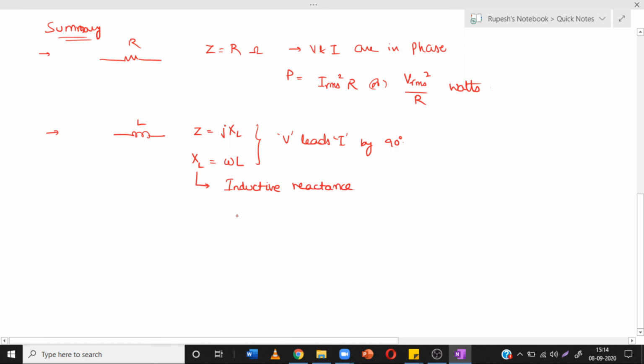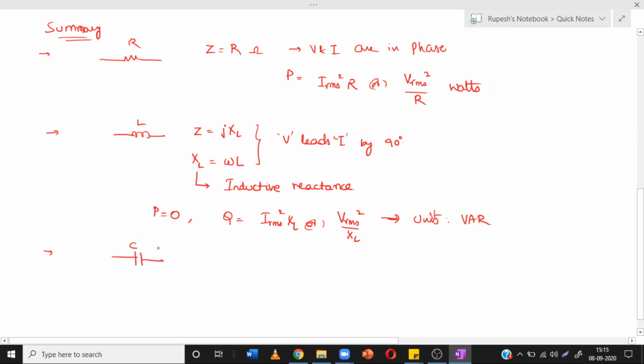Through an inductor, the real power is always zero, and the reactive power Q is given as I RMS square into XL, or V RMS square by XL. The unit of reactive power Q is volt ampere reactive, VAR.